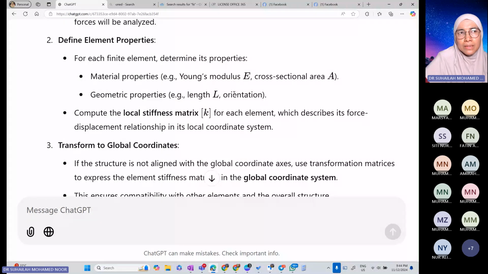So benda ni bukan sahaja saya tunjuk sebab ini akan menjadi part of jawapan dalam soalan-soalan complex question juga ada dalam final exam, yang mana soalan-soalan tu need your justification. So justification question tu dia tak tanya reaction directly. So you need to understand about all these properties so that you can elaborate.